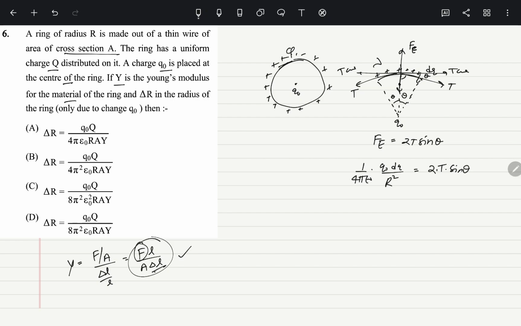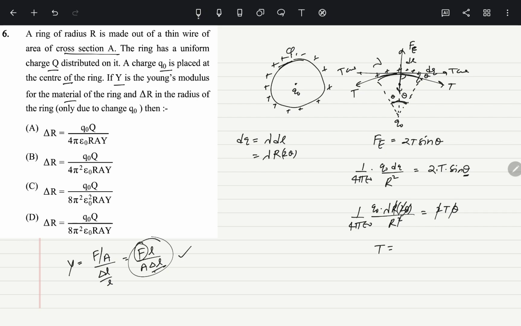Here we'll have to make some approximation: dQ is lambda into dl, and dl is R into 2 theta, since the total angle is 2 theta. So dQ is lambda R 2 theta divided by R square, and then we have 1 by 4 pi epsilon naught 2T, and theta is small here, so sin theta becomes theta. So 2 theta cancel, 1 R cancelled.